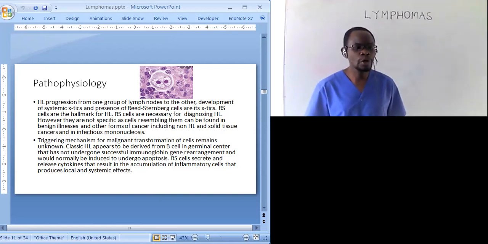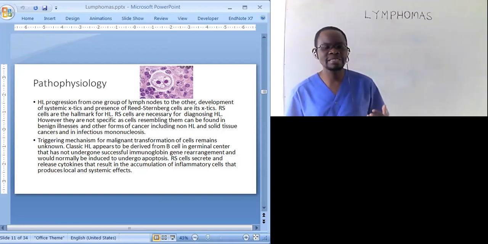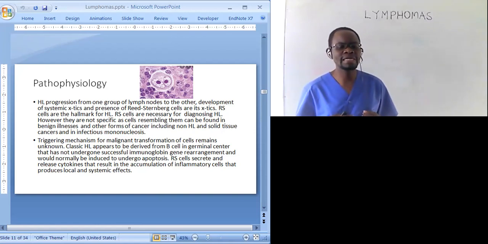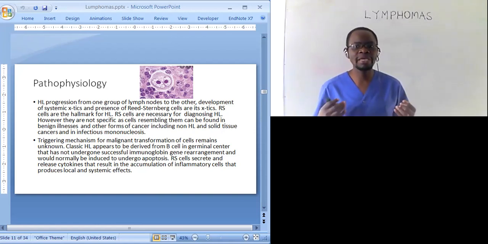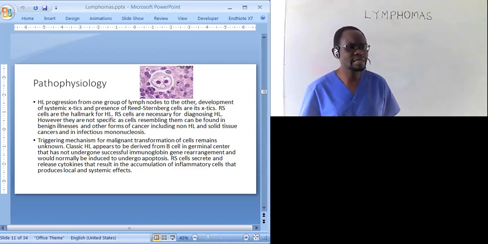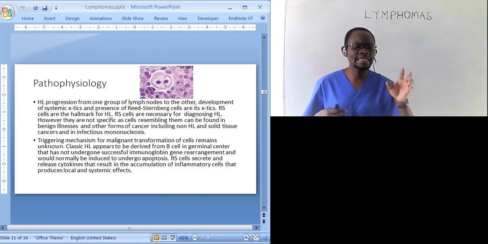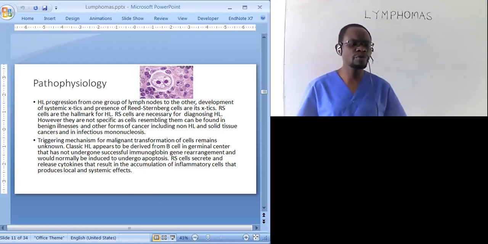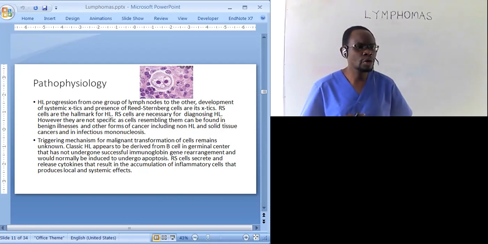So as far as the pathophysiology is concerned, it is uncontrollable division. Remember, we talked about what predisposes people to leukemias. Almost the same as the etiology or risk factors for lymphomas.